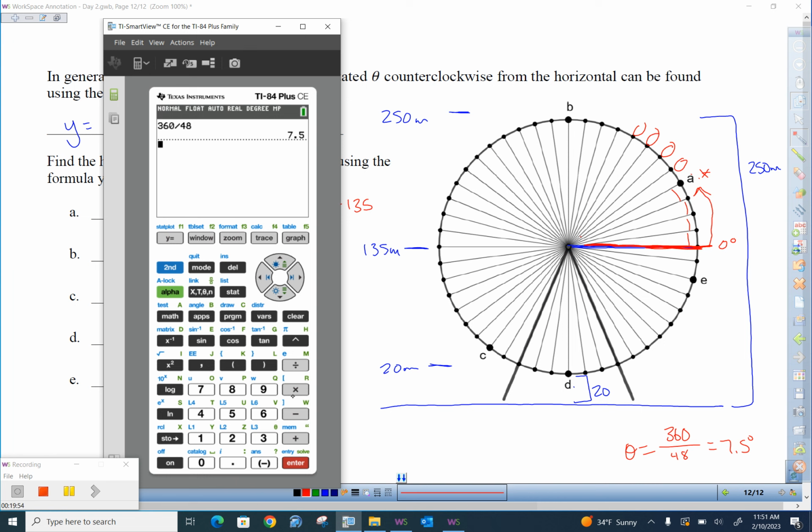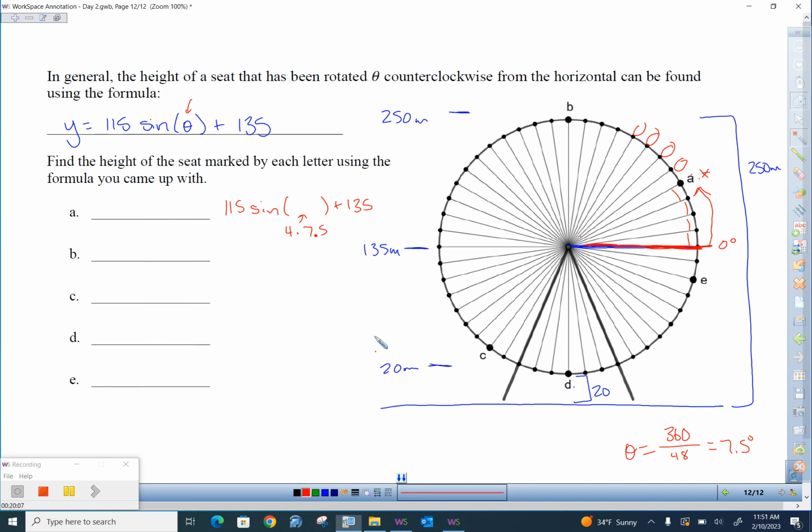And then we can type that whole thing in. 115 sine 30, close that, plus 135 for a height of 192.5 meters.